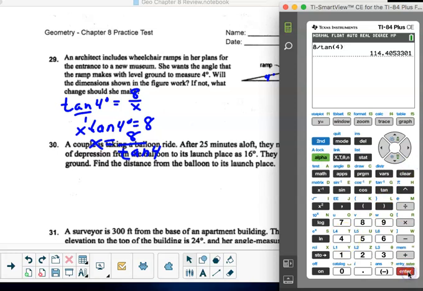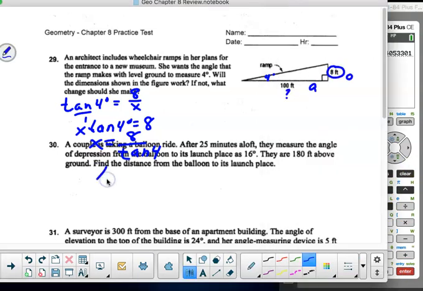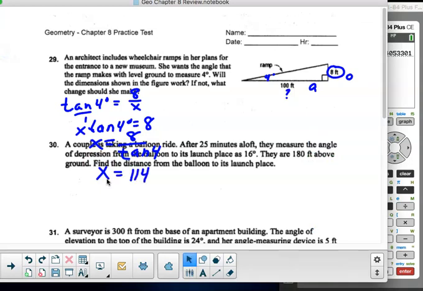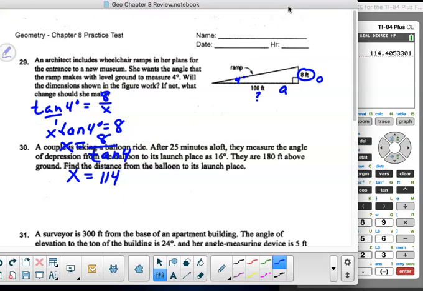So I got 8 divided by tan of 4. Okay, and that's going to be 114. So x is equal to 114 and some change here, 0.4 feet. So this will not work.